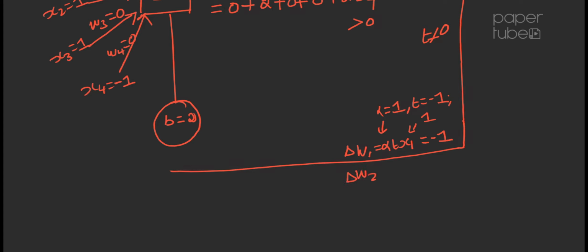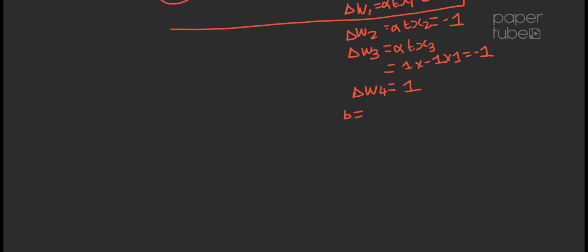So delta W2, calculate similar way, alpha t and x2, that should be equal to minus 1. Delta W3 will be equal to alpha t x3, that should be equal to 1 multiplied by minus 1 multiplied by 1, that should be equal to minus 1. Delta W4 should be equal to 1, and B is again alpha multiplied by t, that's 1 multiplied by t is minus 1, that should be equal to minus 1.